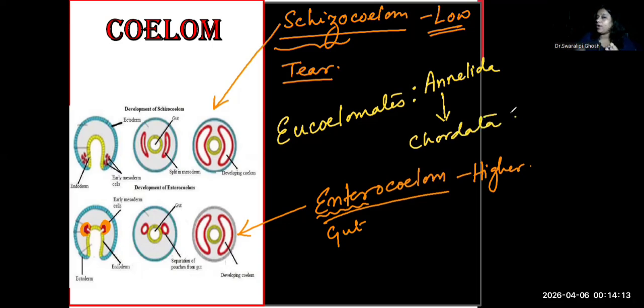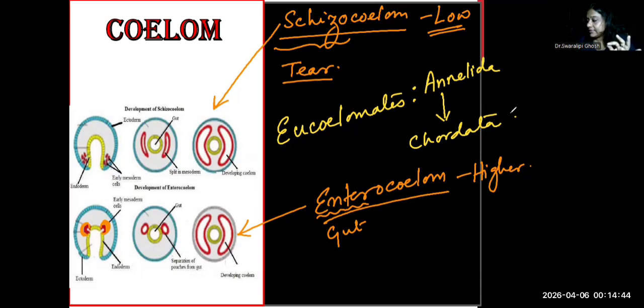Let me tell you in order: Annelida, Arthropoda, Mollusca, Echinodermata, Hemichordata, and Chordata.